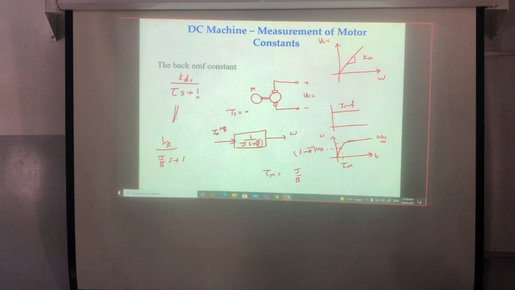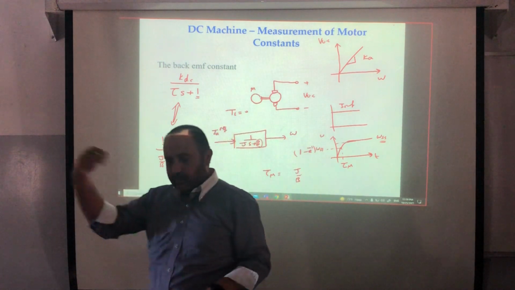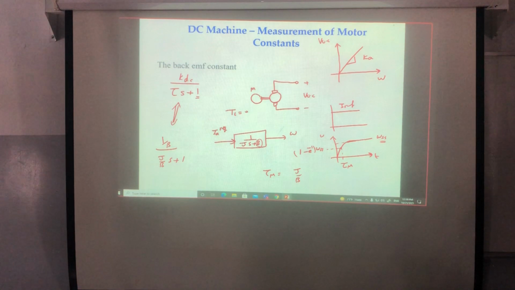Compare now. Two rational functions are identical if and only if numerator equals numerator and denominator equals denominator. So K DC is equal to 1 over B, and tau equals J over B.